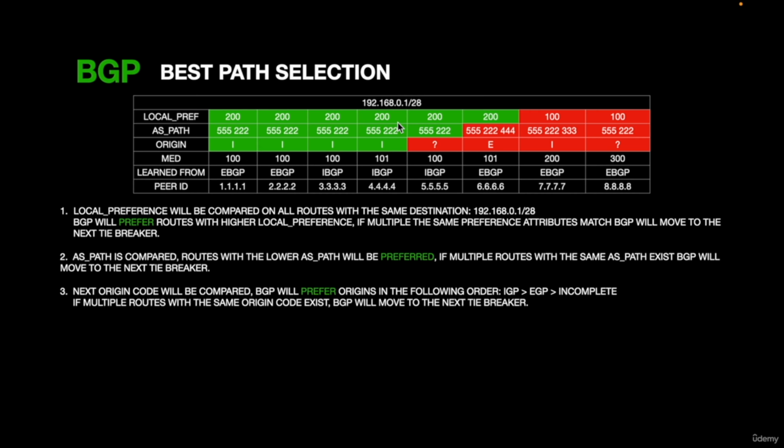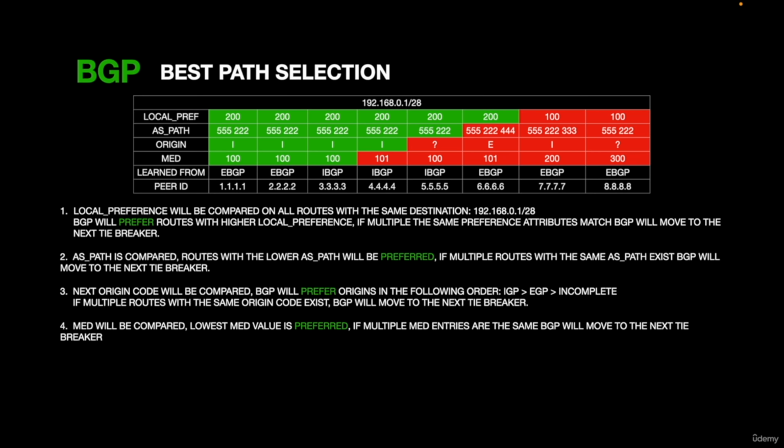As you can see here, it shows these routes that had the same local preference, these routes here that had the shortest AS path, and these routes here that had the lowest origin code. The next tiebreaker is the MED, and the lowest MED value is preferred.